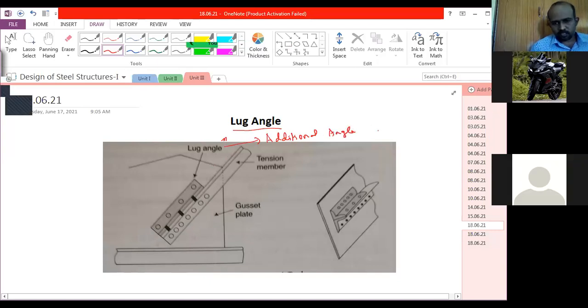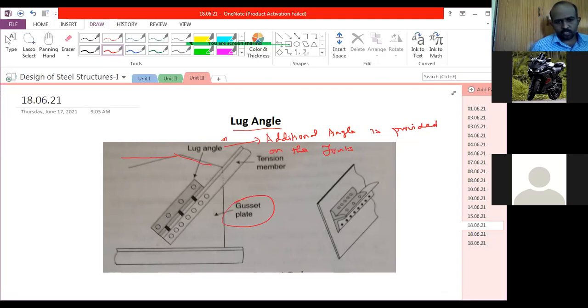Additional angle is provided on the joints. This is a gusset plate. Any additional connection can be made in the gusset plate and angles.